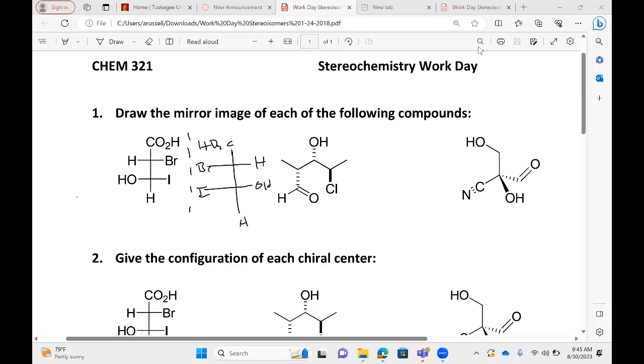So anytime you're asked to draw a mirror image, you can do it this way, or you can just invert all the stereo centers and write it that way. This is a common trap. When you write the mirror image out, a very common mistake is to change the stereo centers in the mirror image if you draw it as a reflection. Don't do that.